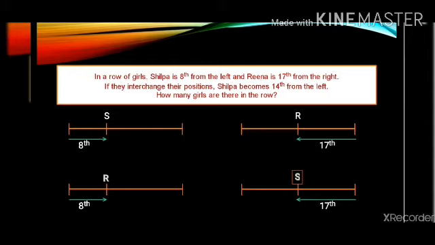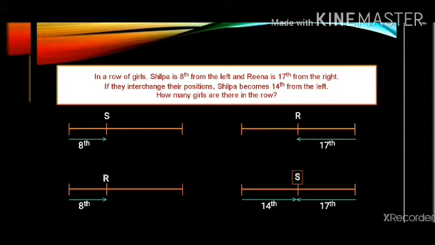Now for Shilpa, a new position is given, that is 14th from the left. In this figure you can see I already know the position from the right. In the question I am being given that Shilpa becomes 14th from the left, that is the new information.